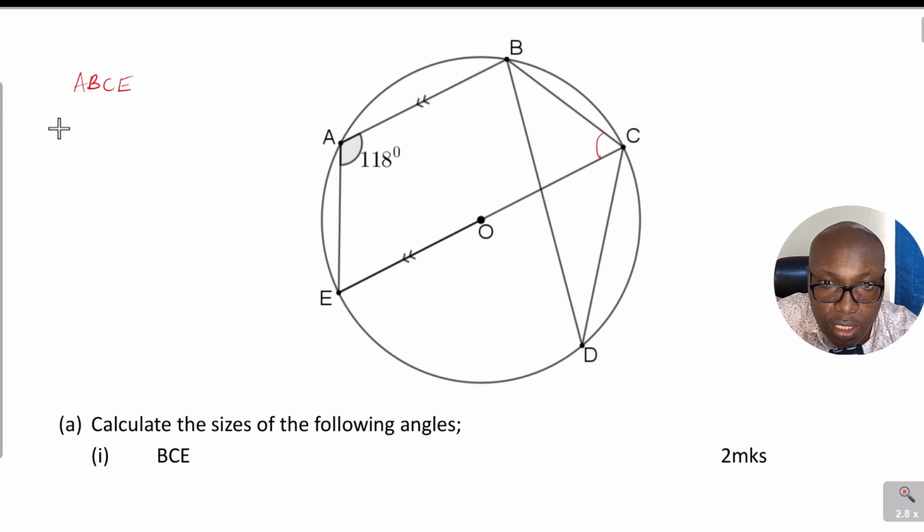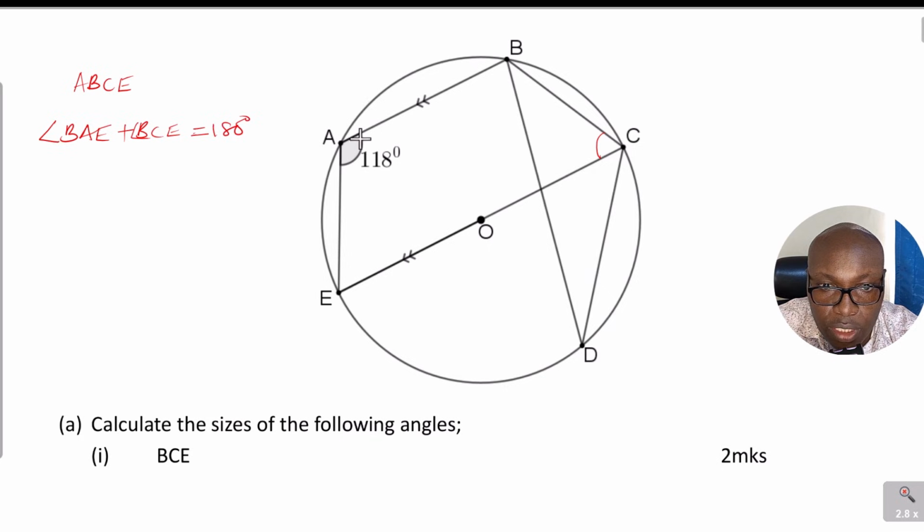So we can say that angle BAE plus angle BCE should add up to 180 degrees. That is a property. The opposite angles in a cyclic quadrilateral should sum up to 180.